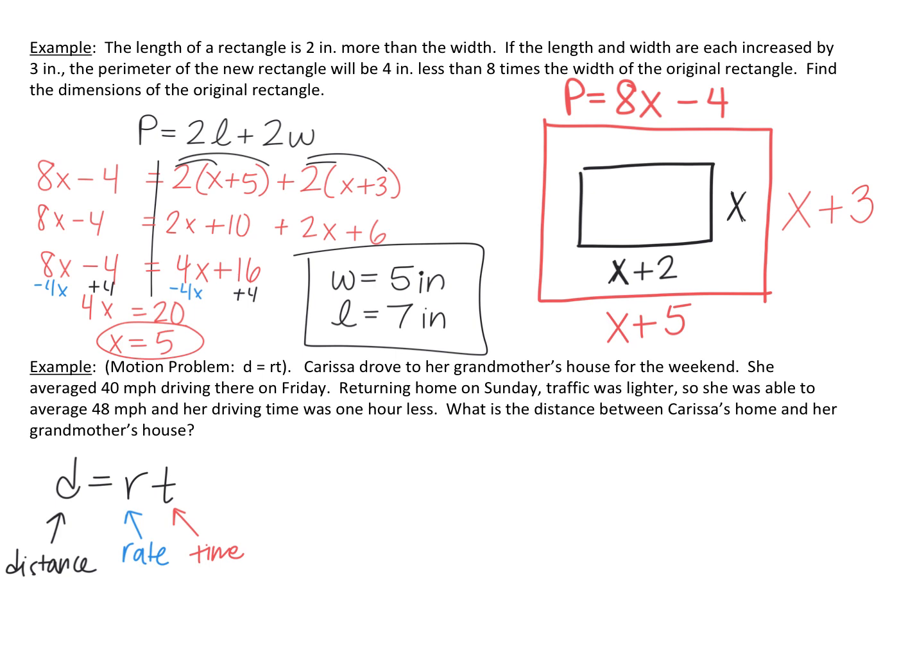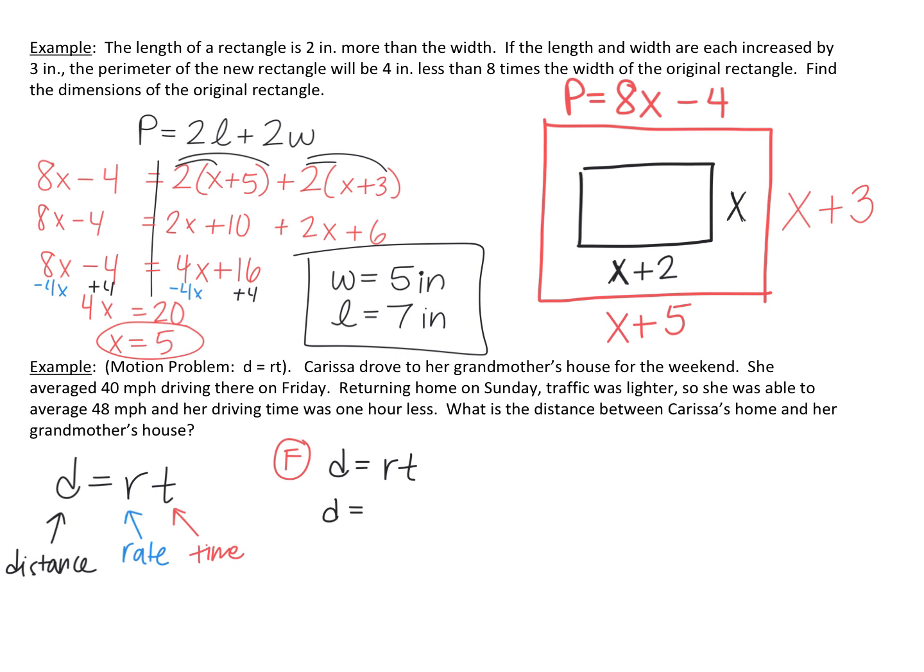You do have to do two equations because you have two separate instances of two different rates, okay, and times. So we got the first one, I'm going to use F for Friday. On Friday, D equals RT. On Friday, we don't know her distance, but we do know her rate.